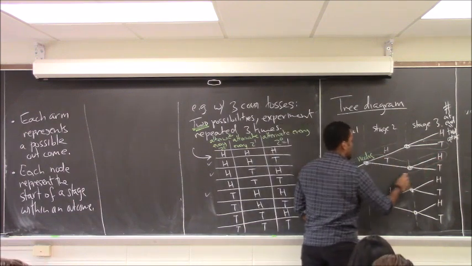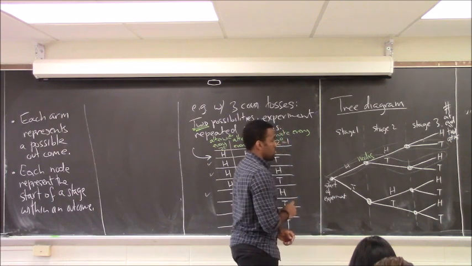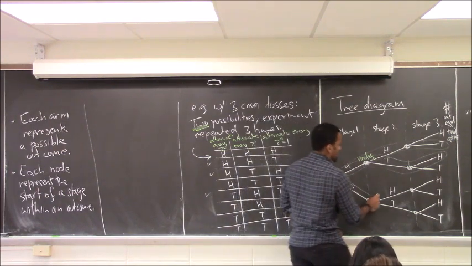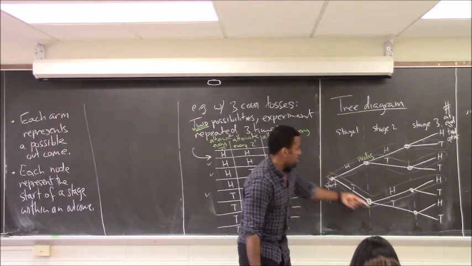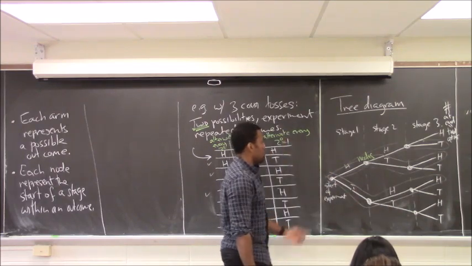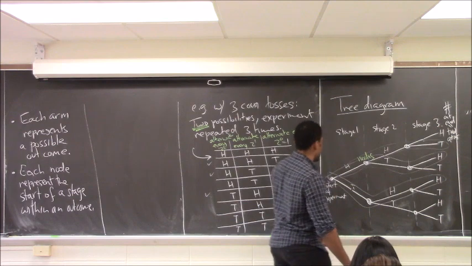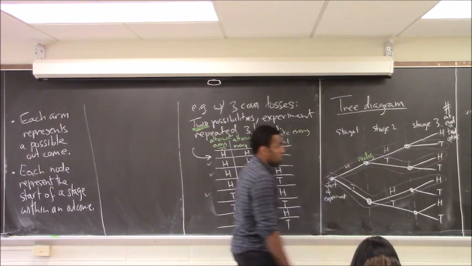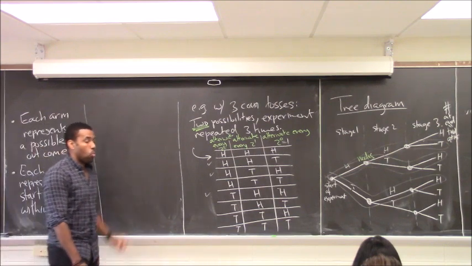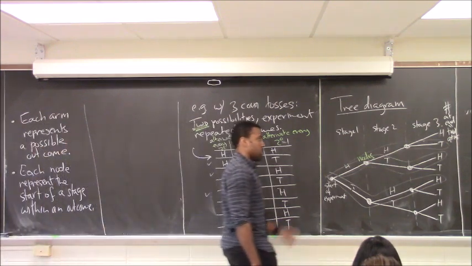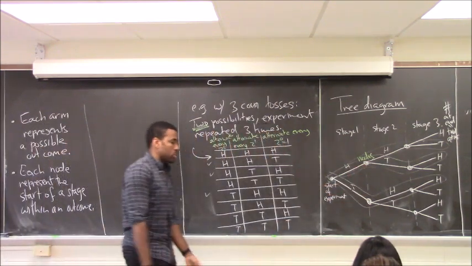This would be a possibility. This would be a possibility. In fact, that's the only possibility along that timeline, whereas this timeline will have 2 possibilities. So ultimately, you get 3 out of 8. There are 3 out of 8 ways that you could get exactly one tail. And you can literally just count off visually what's going on.